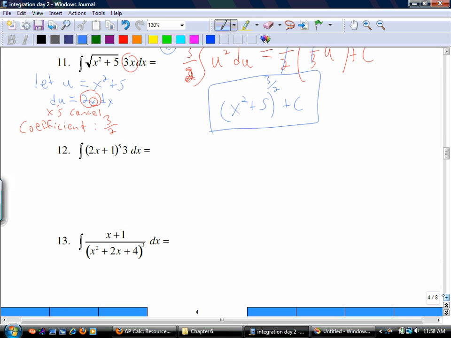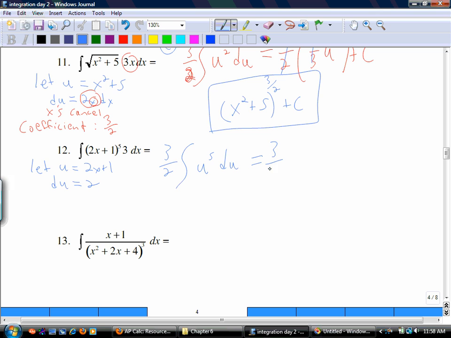All right. Next one. Let u equal what? Yes, 2x plus 1. So du is equal to just 2. This time I don't really have anything that needs to cancel, right? You just have to worry about your coefficient in front, which is what? Right. So again, 3 over 2 integral of u to the power of 5 du.